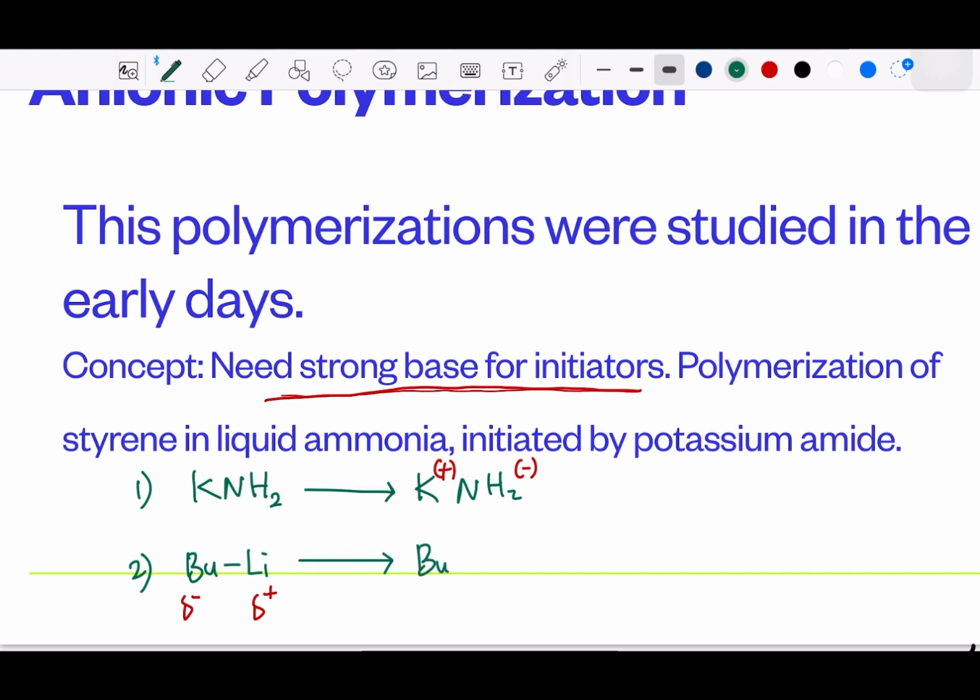And then we can use it like that. Butyl is exceptionally volatile and flammable, so it's easily burned.